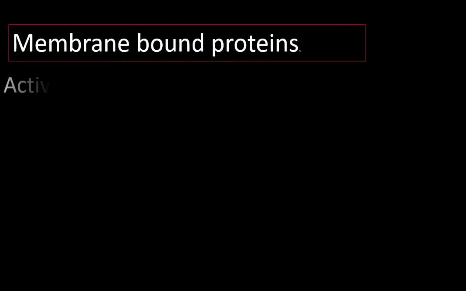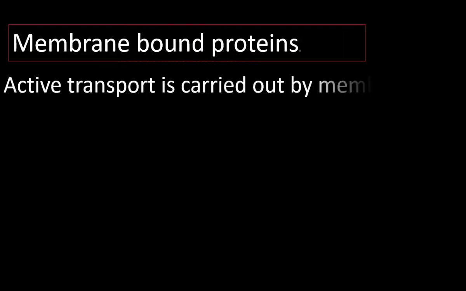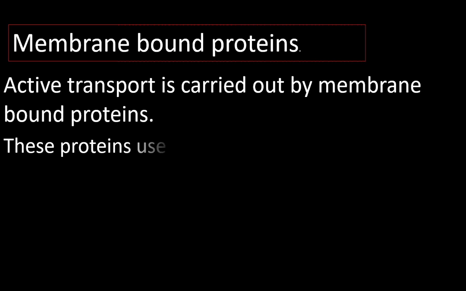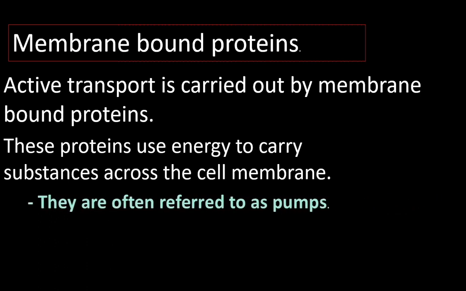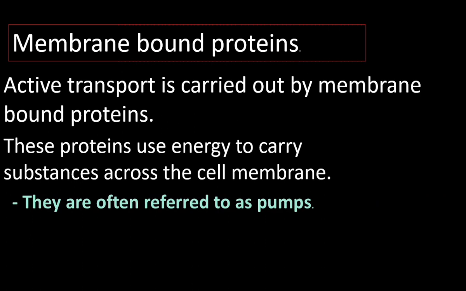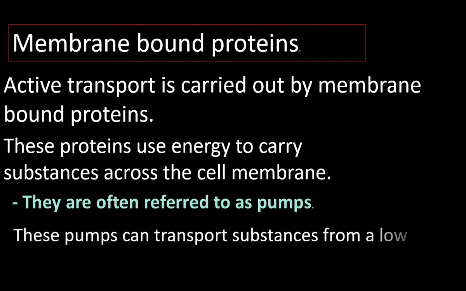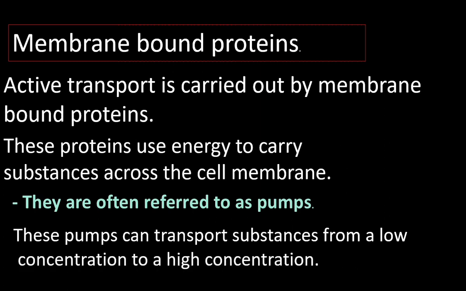Active transport is carried out by membrane bound proteins. These proteins use energy to carry substances across the cell membrane. They are often referred to as pumps, because these pumps can transport substances from a low concentration to a high concentration.